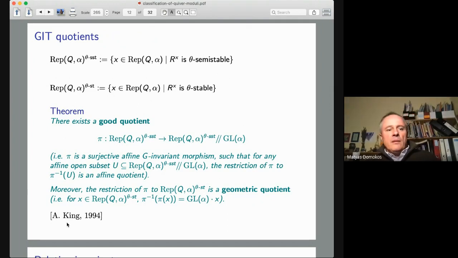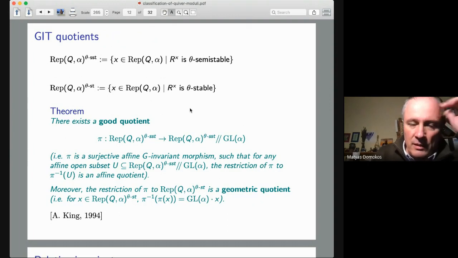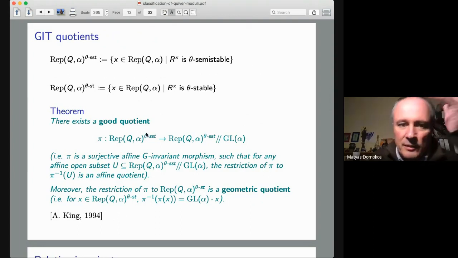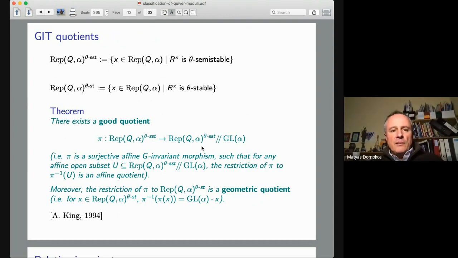And the theorem of Alistair King from 1994 says that there exists a good quotient of this open subset of the representation space, consisting of the theta semi-stable points, by the action of the base change group. This means that there exists a variety and a surjective G-invariant morphism pi from the subset of theta semi-stable points such that it's an affine morphism.